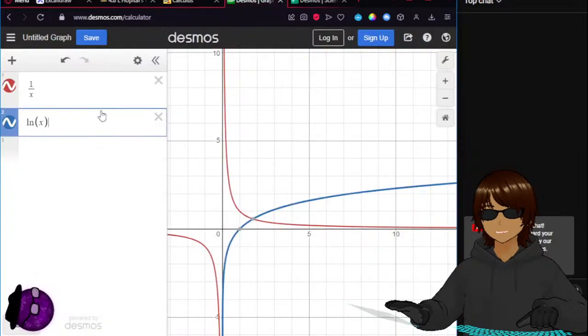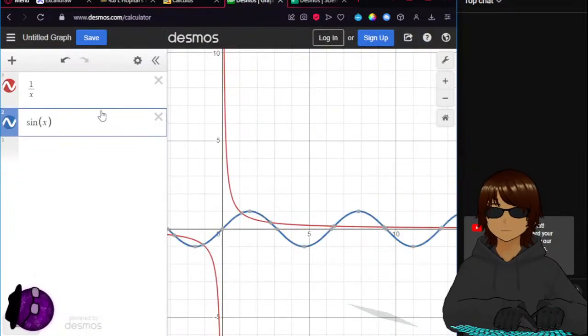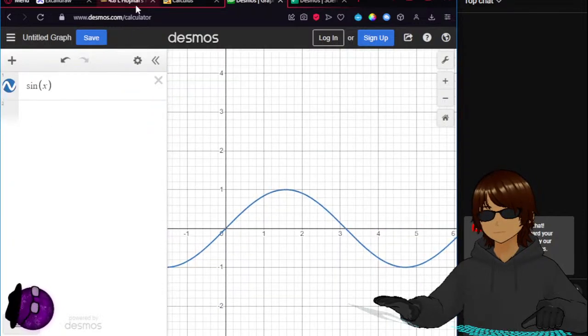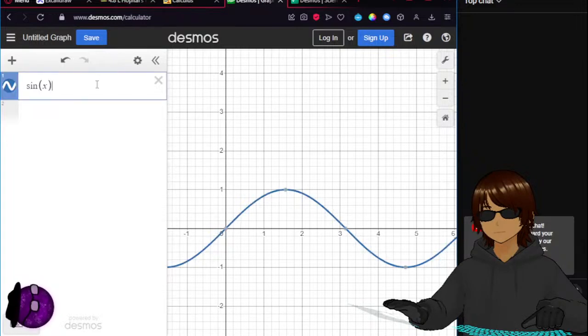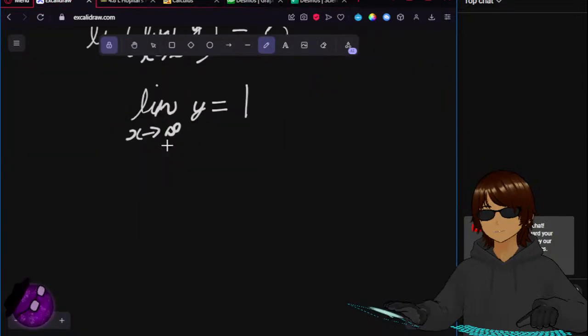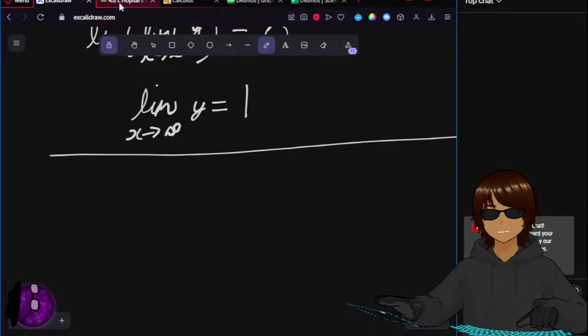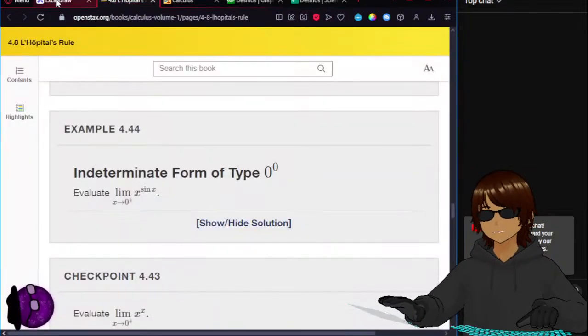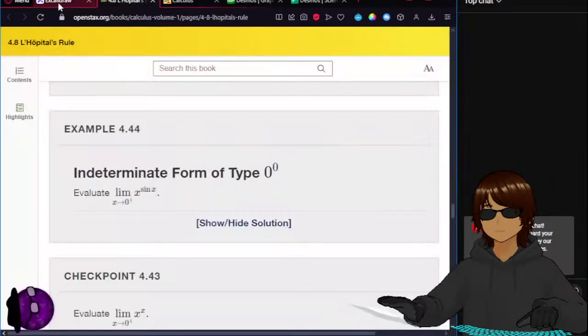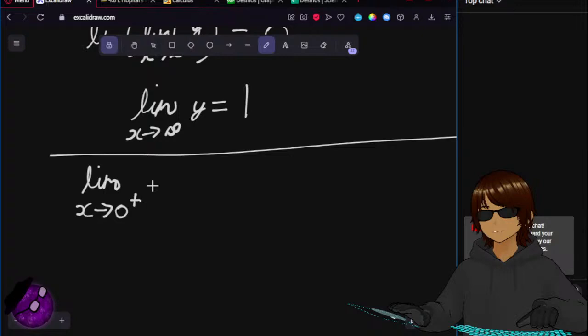Now x and sin x, they are both approaching 0 from the right side. So let's see, the limit as x approaches 0 from the right of x to the power of sin x.